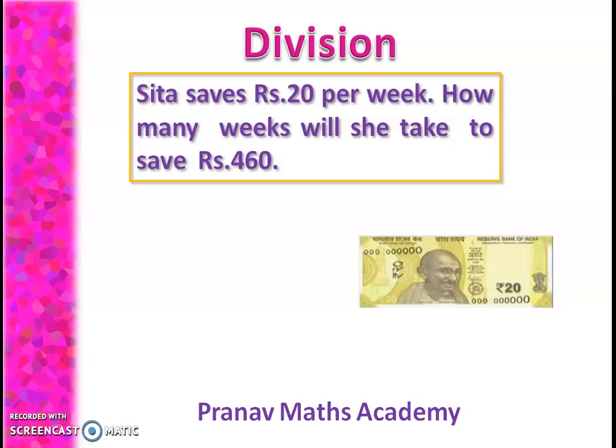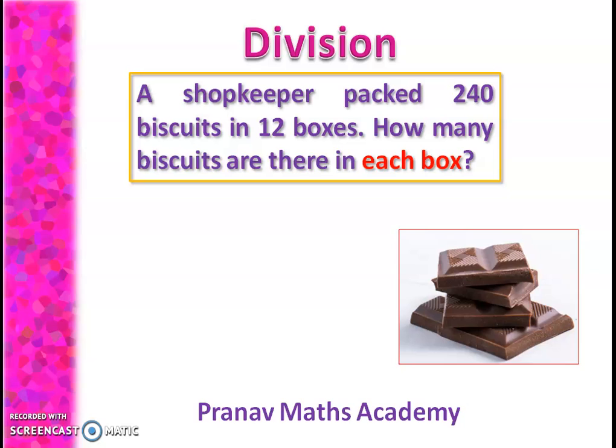Next question. Division. Sita saves rupees 20 per week. How many weeks will she take to save 460? Here we have to divide 460 by 20. We get 23. She needs 23 weeks to save the rupees 460. Next question.